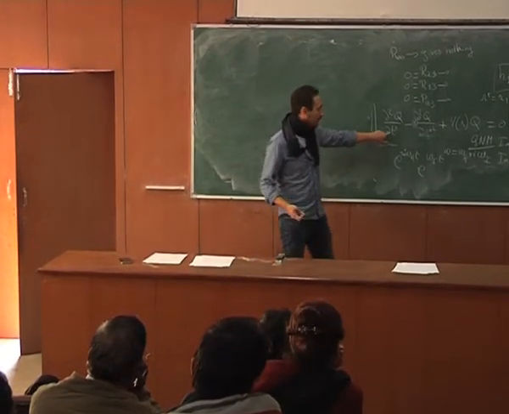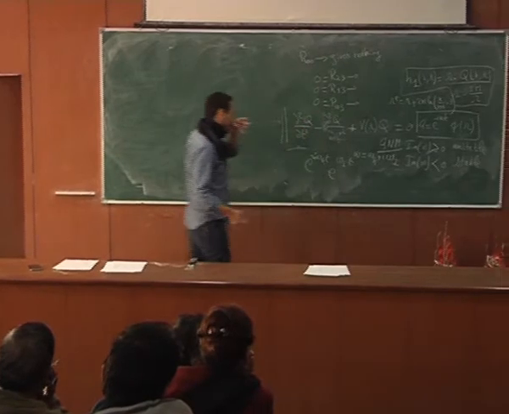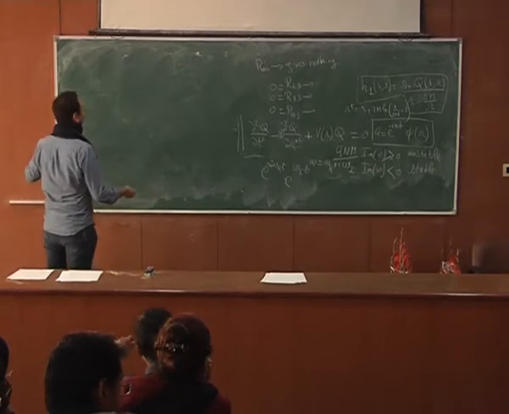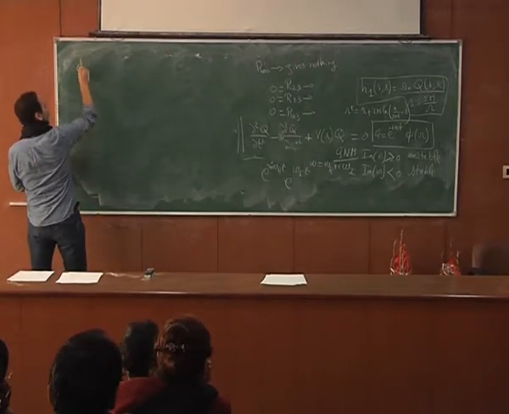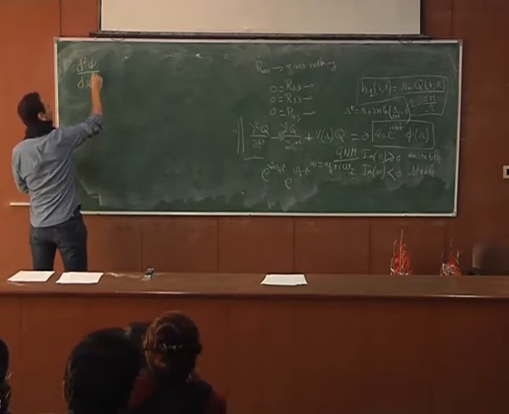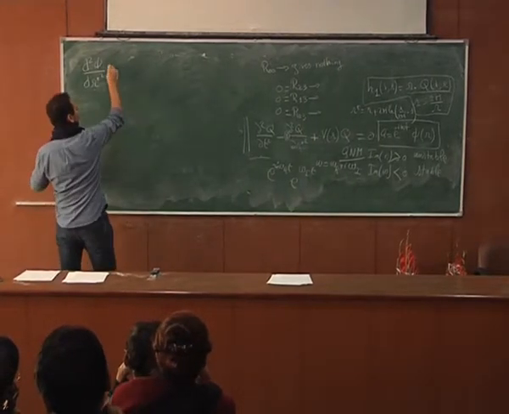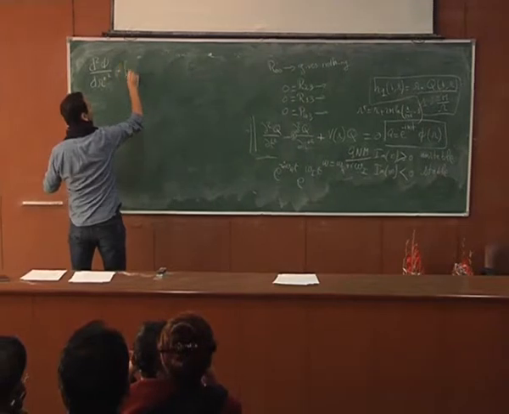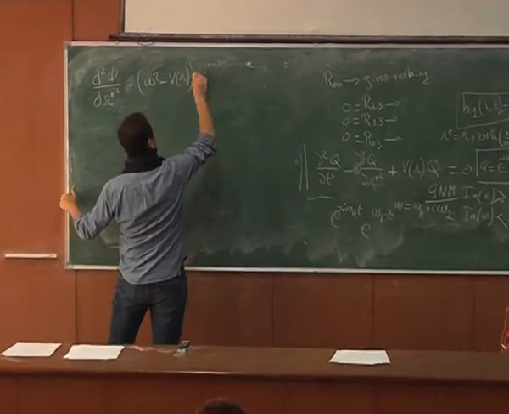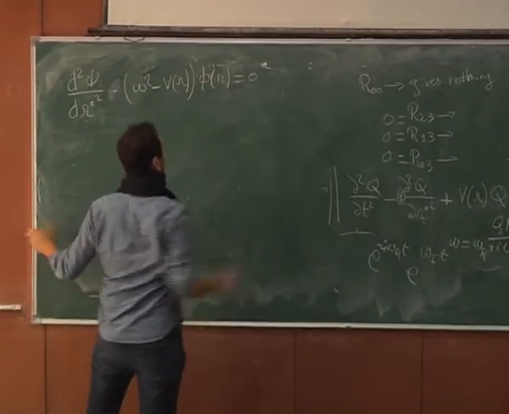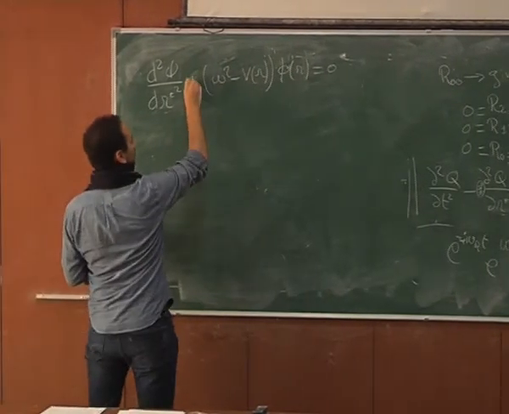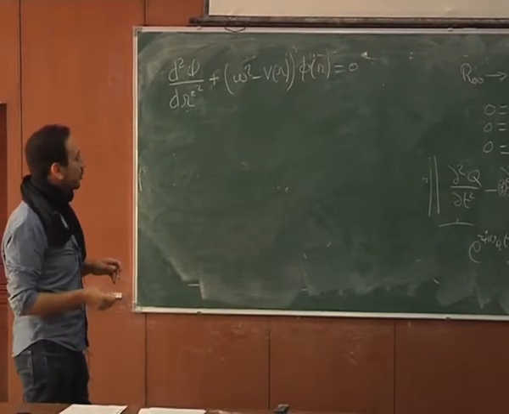I have this equation, and I replace it here. The double derivative with respect to time will bring me some omega squared. So I'm just going to end up with this equation that we are going to have.